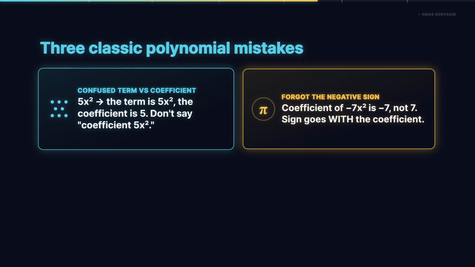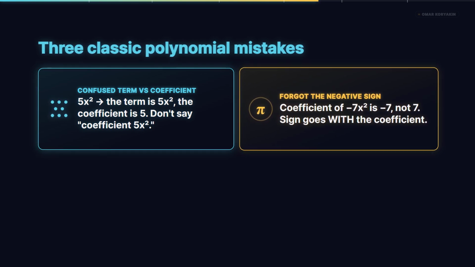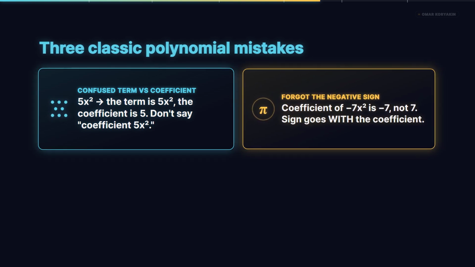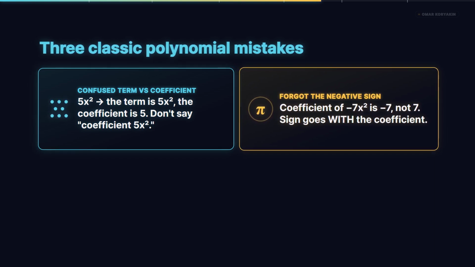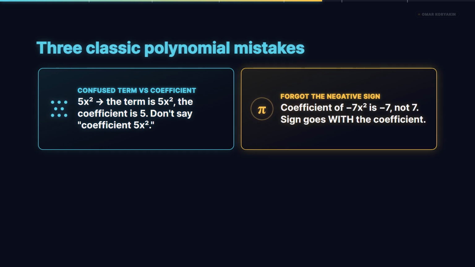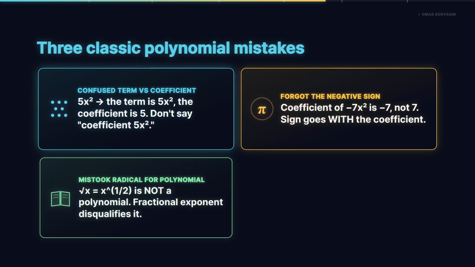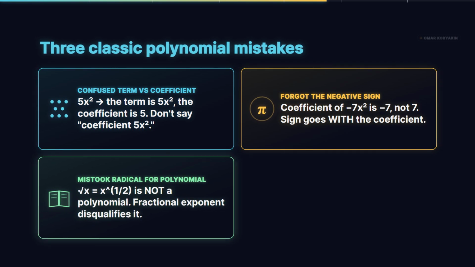The fix is to mentally rewrite every subtraction as adding a negative before reading off coefficients. 3x squared minus 7x rewrites to 3x squared plus negative 7x, and now the coefficient of x is unambiguously negative 7.